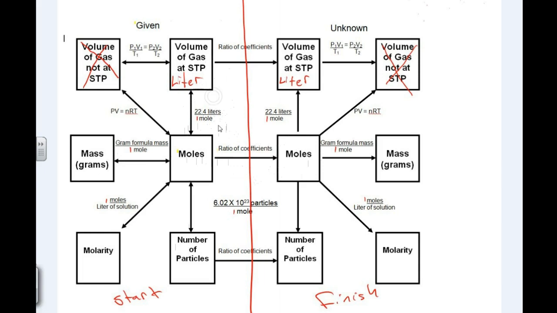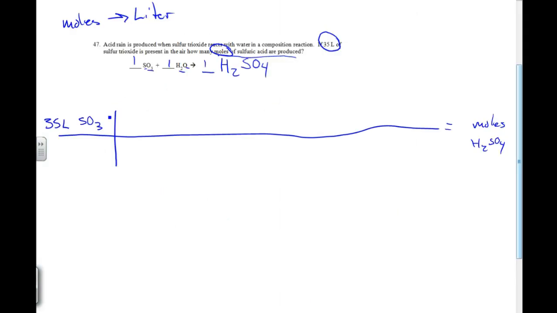We're going to use this proportion and then go across using the ratio of coefficients. So I know whatever unit is here goes there. So liters SO3. That ratio we just looked at said 22.4 liters of SO3 will occupy, or 1 mole will occupy that.